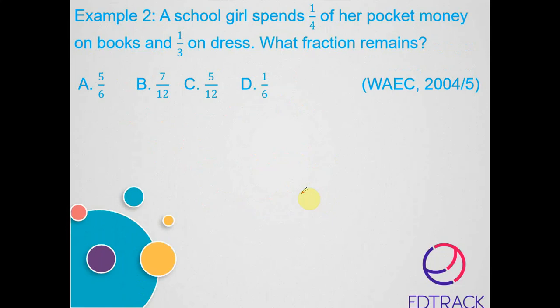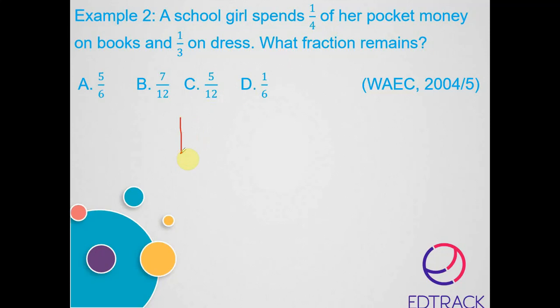The next question is also from WAEC 2004, question 5, objective. It says a schoolgirl spends 1 over 4 of her pocket money on books and 1 over 3 on dress. What fraction of the money remains? If you want to solve any question involving this kind of fraction, you assume that the whole money she has is 1.